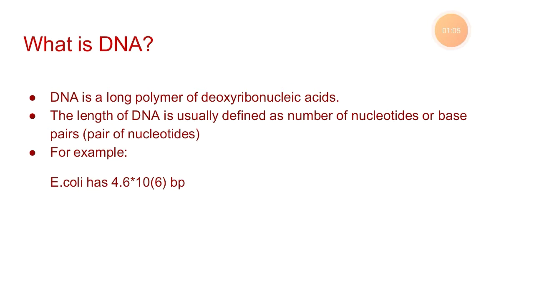So, DNA is formed of repetition of deoxyribonucleic acids and the length of DNA varies among various organisms. The length varies according to the organism. For example, you can take E. coli or Escherichia coli, which has 4.6 x 10^6 base pairs of DNA content. So, this is the basic of DNA.